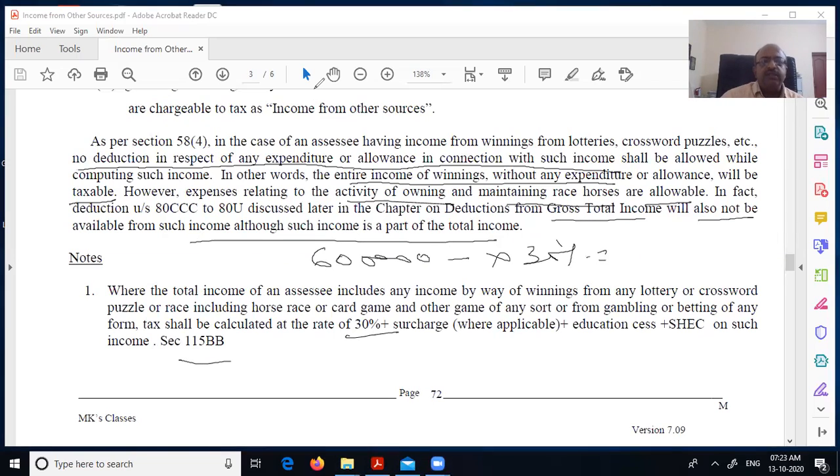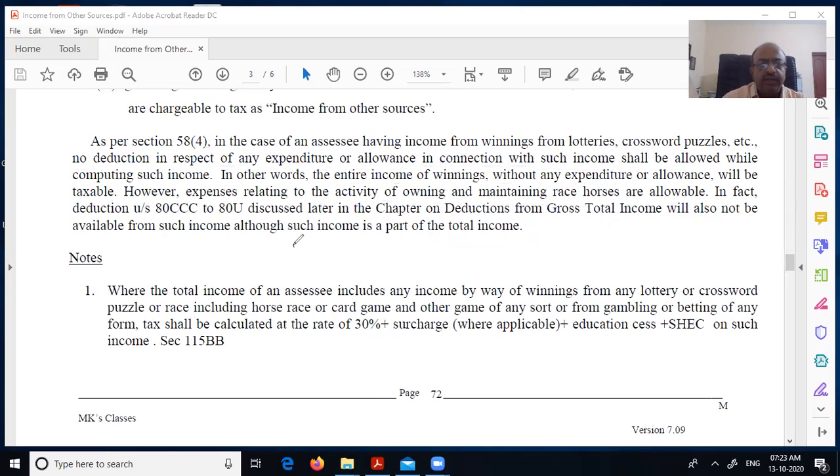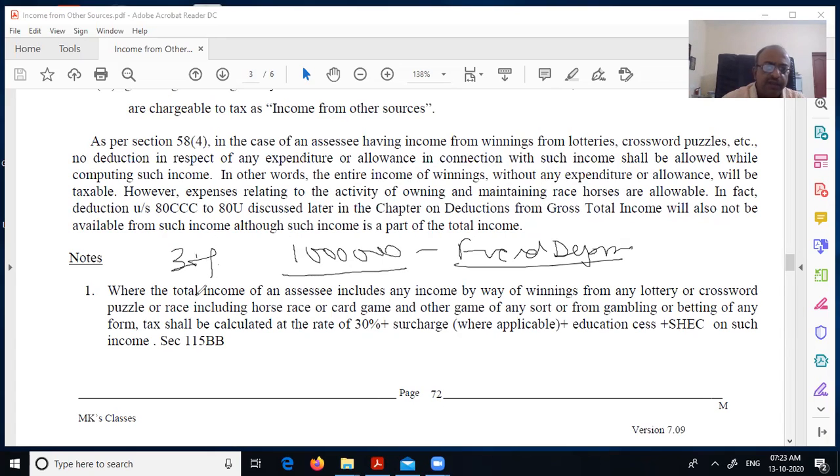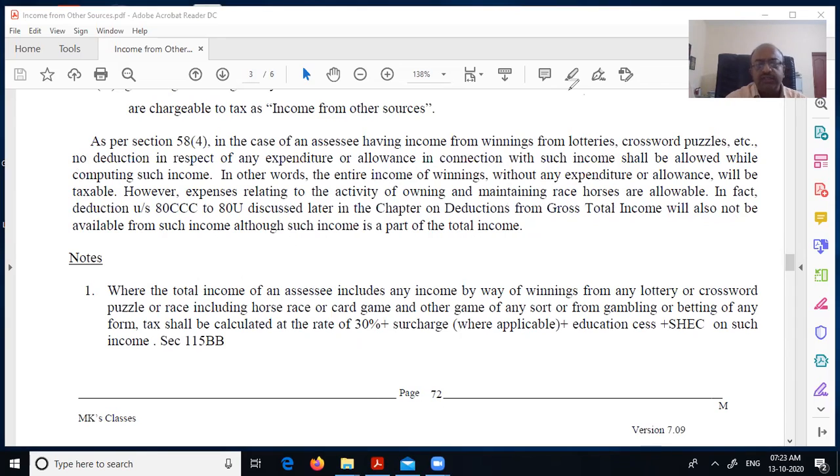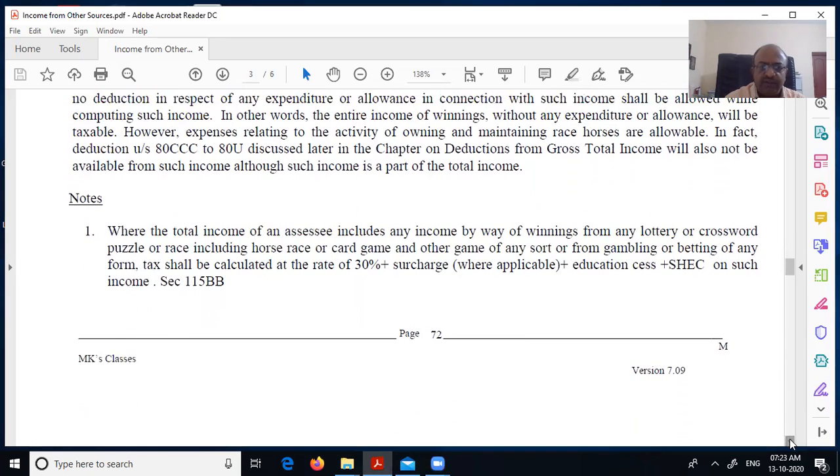Somebody came and told me, sir, I have got a lottery for 10 lakhs and I placed it in a fixed deposit. So I said, you have to pay tax at 30%. He ran away, because when we tell the law, nobody wants to listen. And in those days, there was no way of tracking it, so as a result, people escaped taxation. Now it is very difficult.